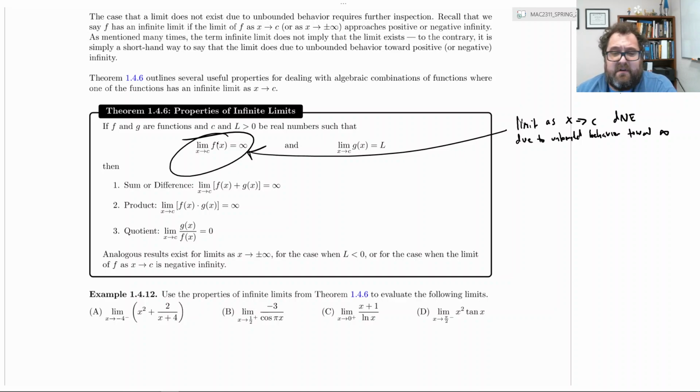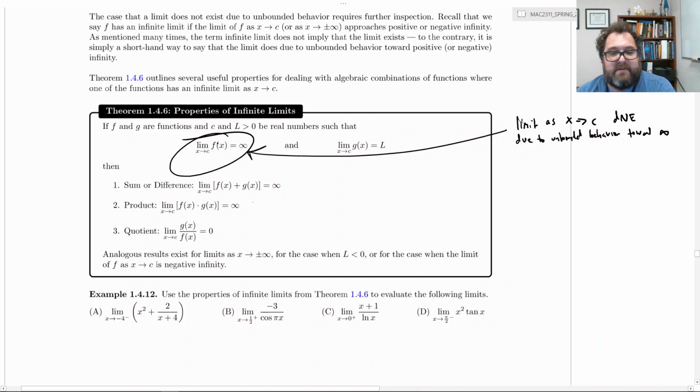But sometimes you can't do that, due to the fact that the limit doesn't exist because of unbounded behavior. These properties allow us to work with those limits.